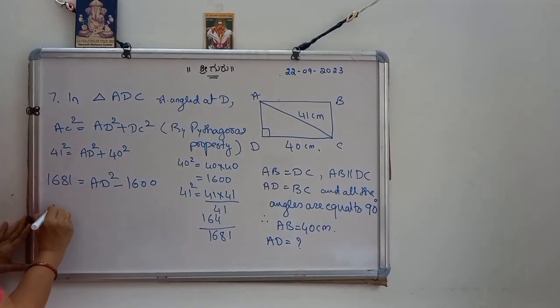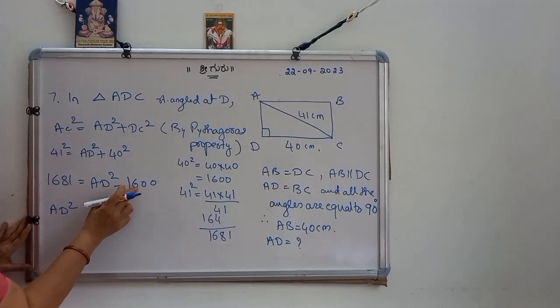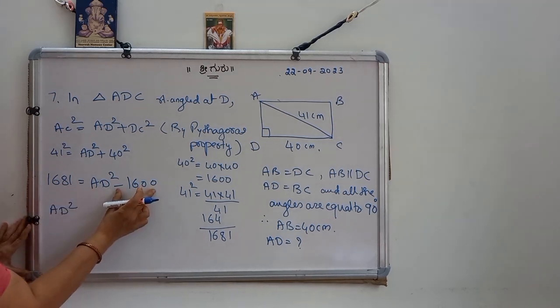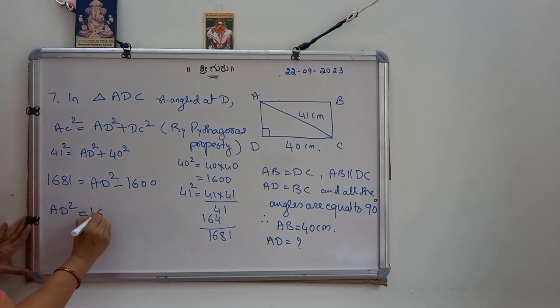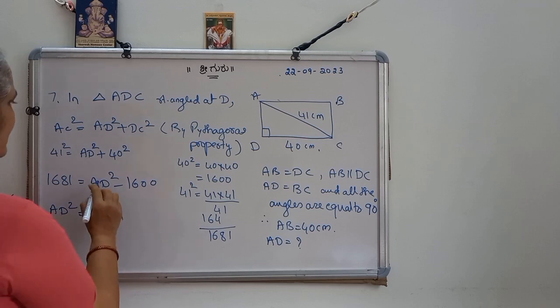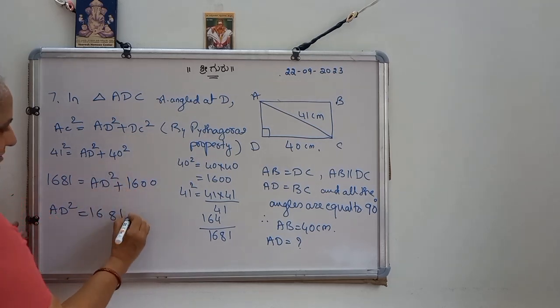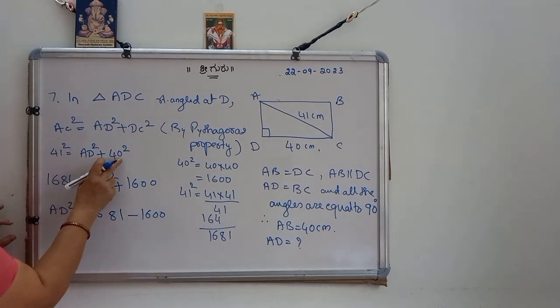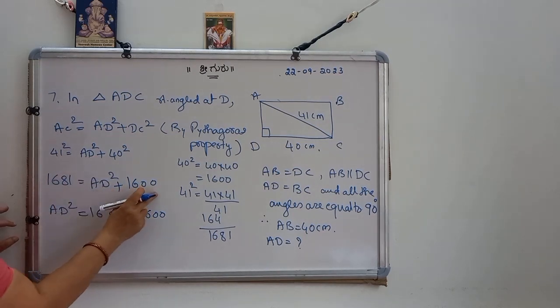To find AD square, we have to transpose the other term to the other side. What is the other term? Plus 1600.